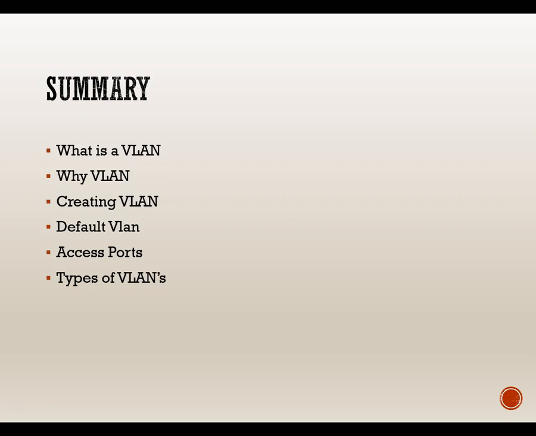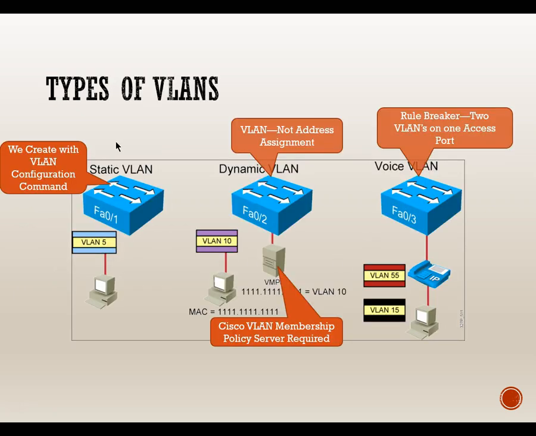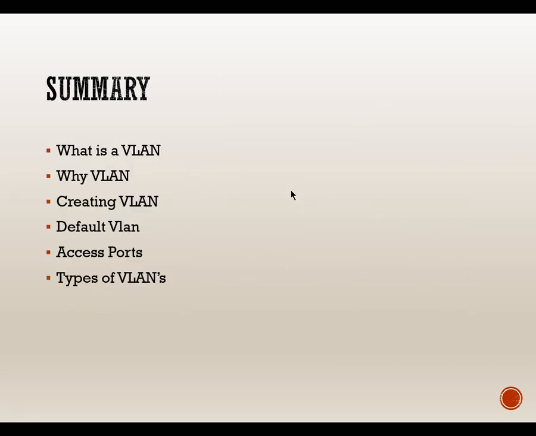Access ports are where we have end devices. We have another type of port that we're going to discuss in the next module, which is the trunk port. Types of VLANs were the static, the dynamic, and then the voice VLANs.